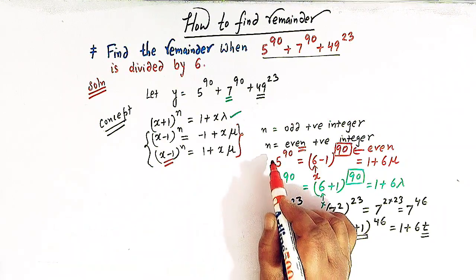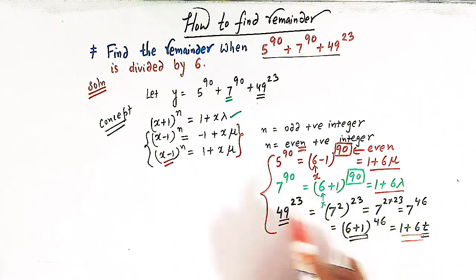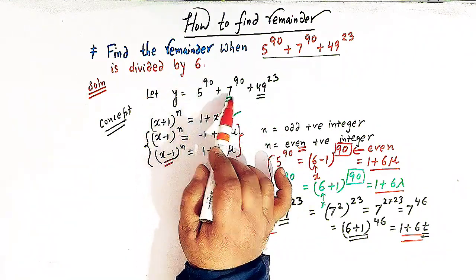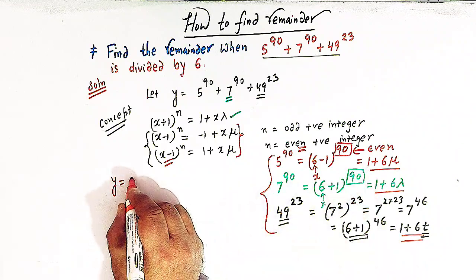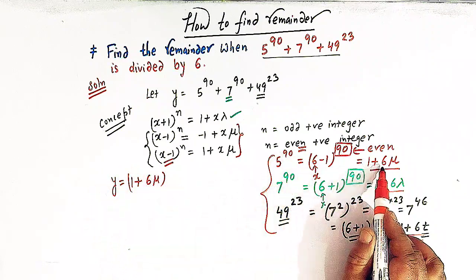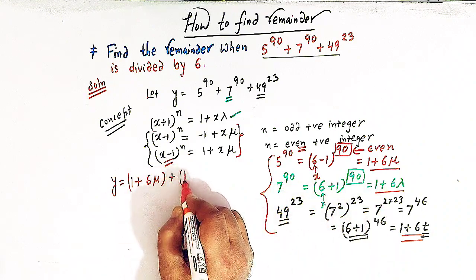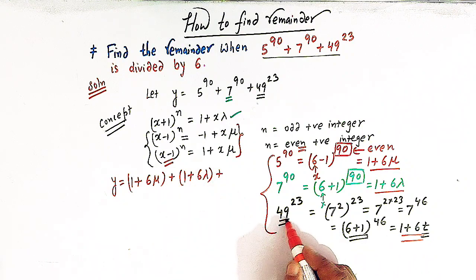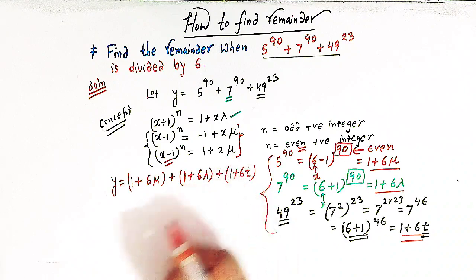Once we have expressed these numbers in this form, we can write y, which is equal to the sum of these three numbers. y is equal to 1 plus 6 mu, because 5 raised to 90 is 1 plus 6 mu; then 7 raised to 90 is 1 plus 6 times lambda; and 49 raised to 23 is 1 plus 6 times t.